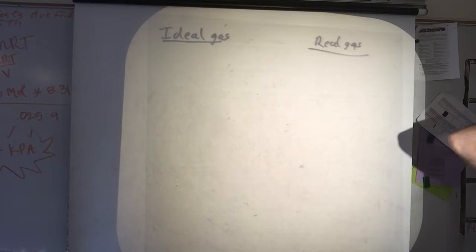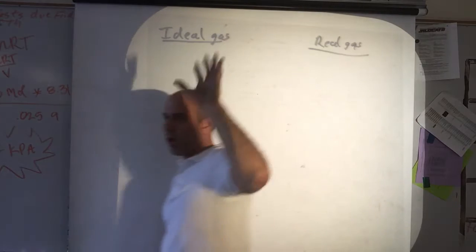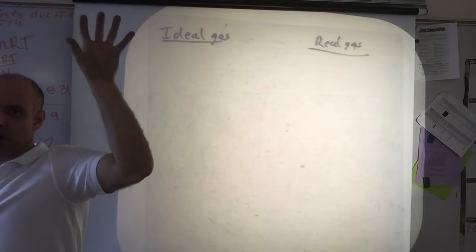So, Braden, you know what wet gas is? That's when you collect it over water. Dry gas is when you don't collect it over water. And now you're going to learn about ideal gas. So, the way I put it is, in our minds, we all have that ideal person we want to meet.